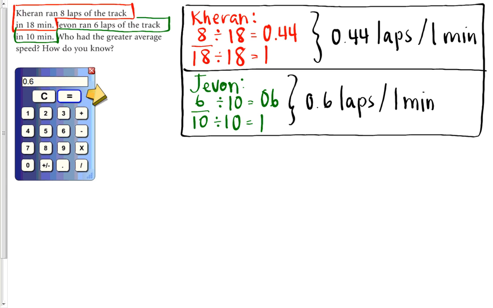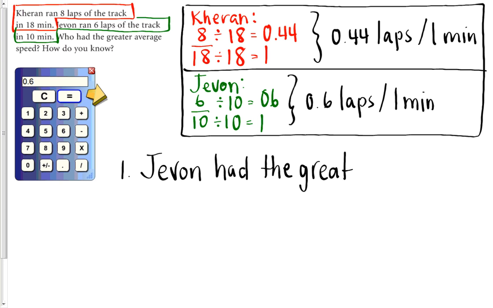Now, the important thing about word problems is that this doesn't answer the question. I have to continue on and say, so for the first part, number 1, that Javon had the greater average speed.